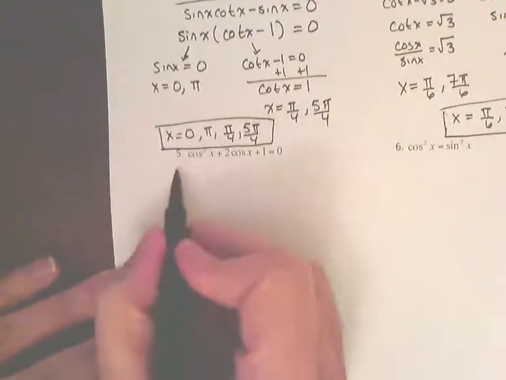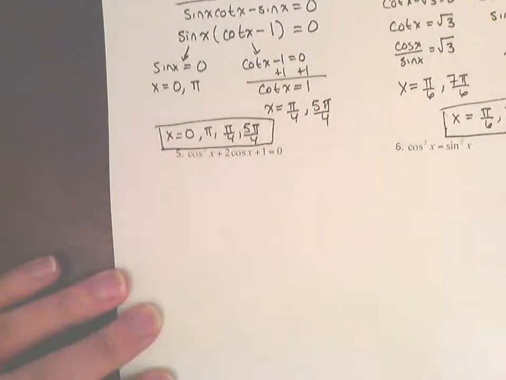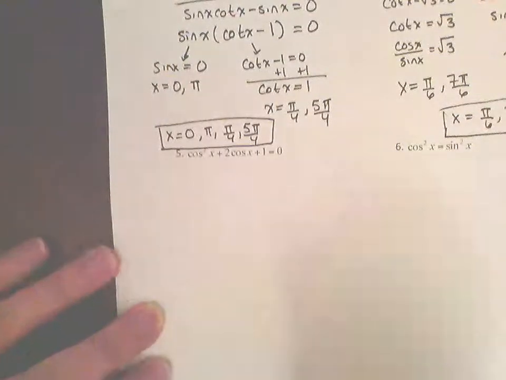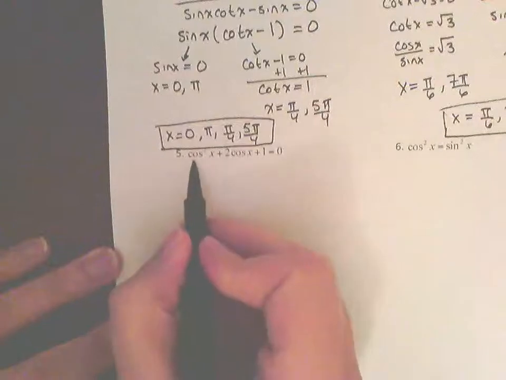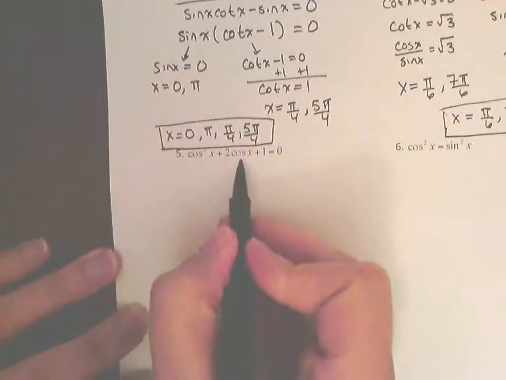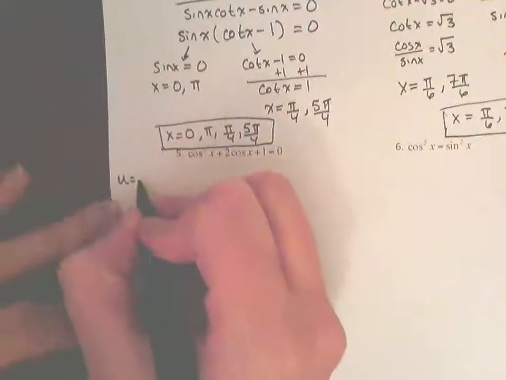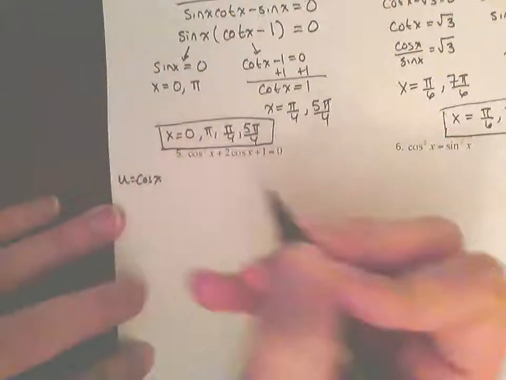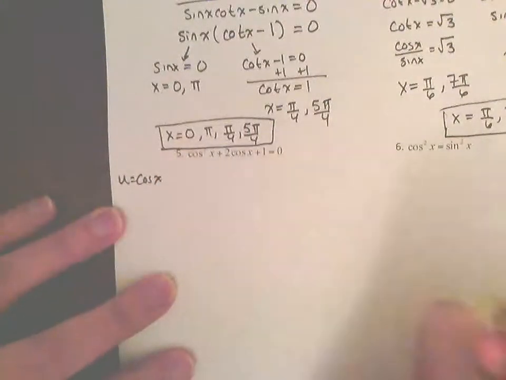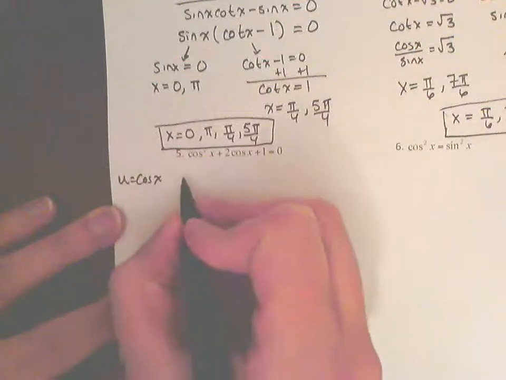Alright, now this next problem is obviously a quadratic, and if you want to use substitution to help you factor it out, you can. We have cosine and cosine here, so I'm just going to let u be my cosine to help me factor it using a regular quadratic equation.